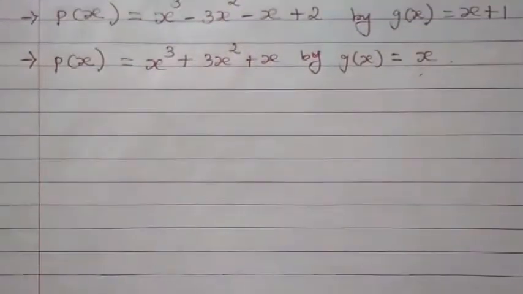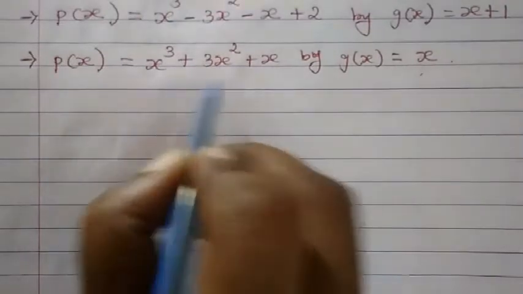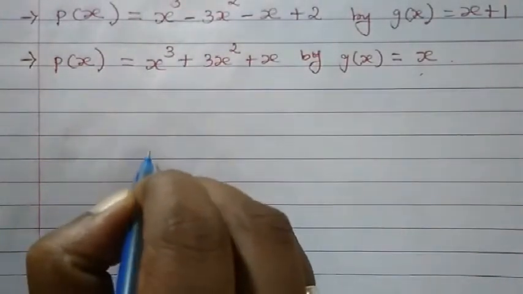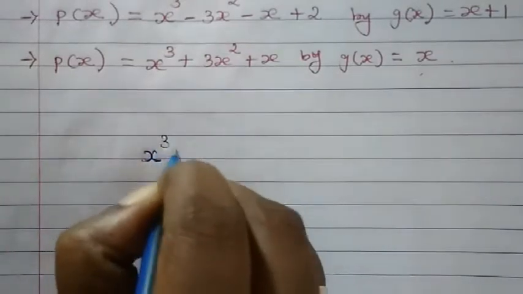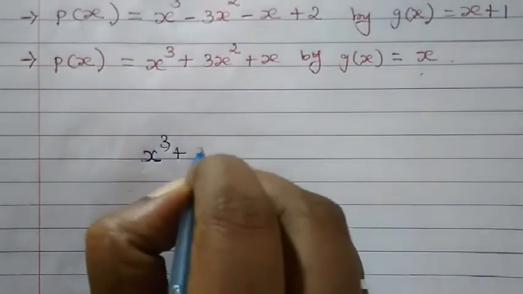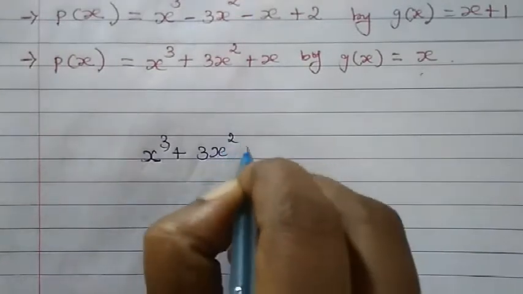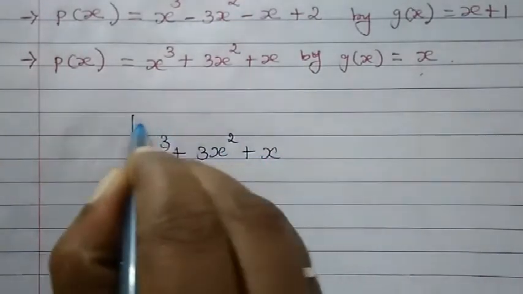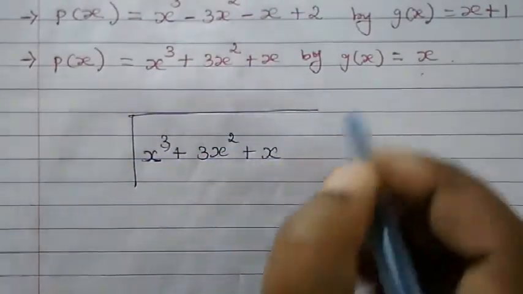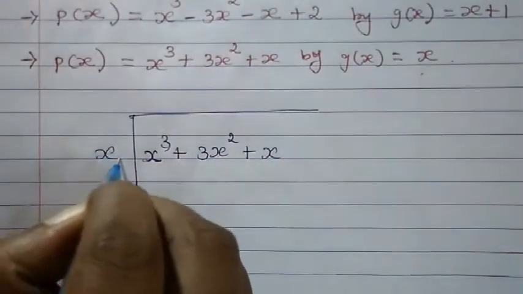So first we'll write down the dividend. So dividend we'll write down here, that is x cube plus 3x square plus x, and we have to divide this by x.